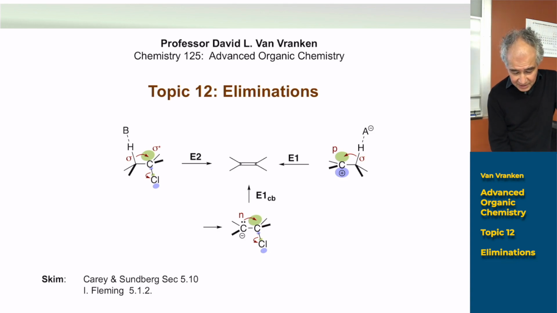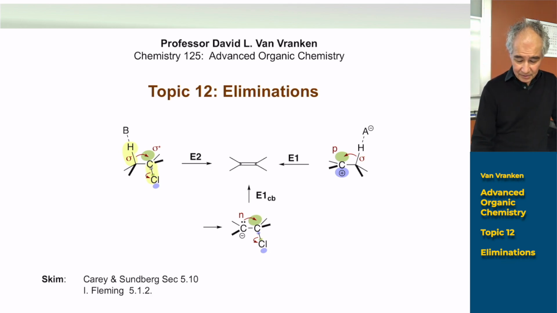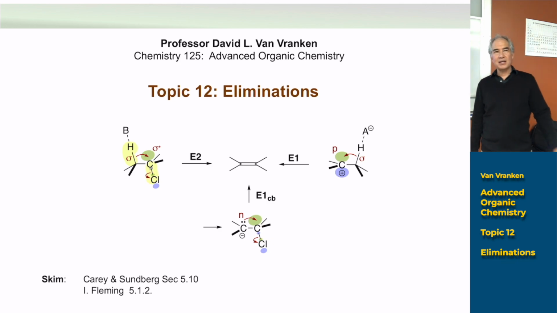You should all know that in an E2 elimination, you've got some sort of a proton beta to a leaving group, and a base comes in and pulls the proton off. And this is just like other things that we've seen here. As the base comes in and attacks, it weakens this bond, and that weakened, more nucleophilic bond donates over into sigma star and pushes out the leaving group.